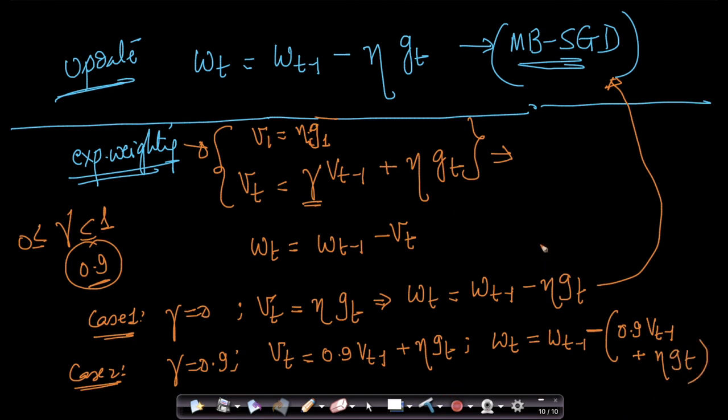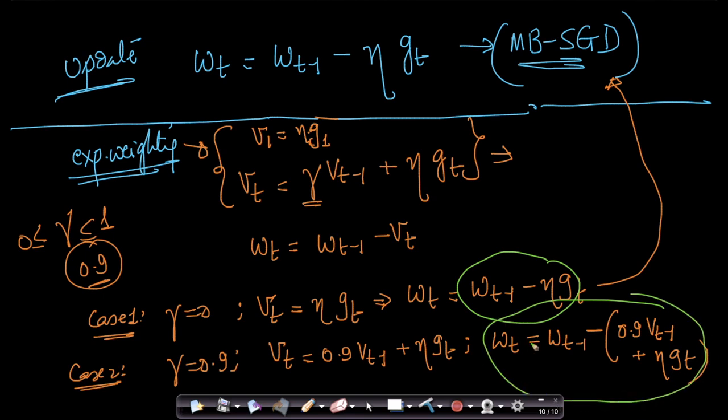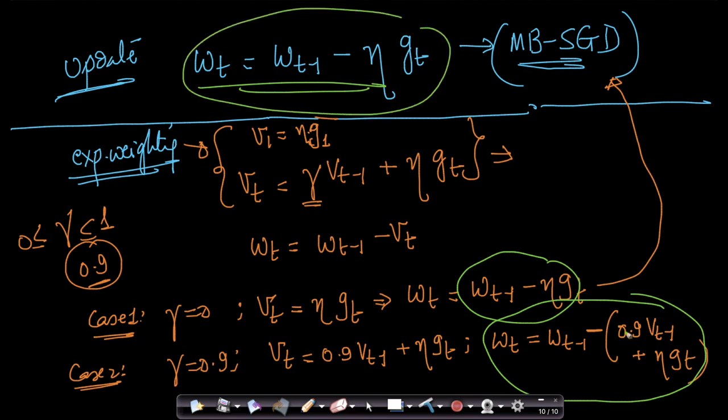If you compare this with this, you have Wt minus 1 here and Wt minus 1 there, minus eta Gt here and minus eta Gt there. The only new term is this.